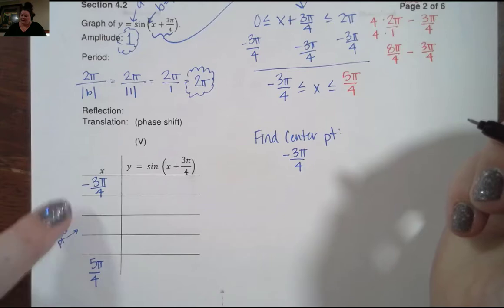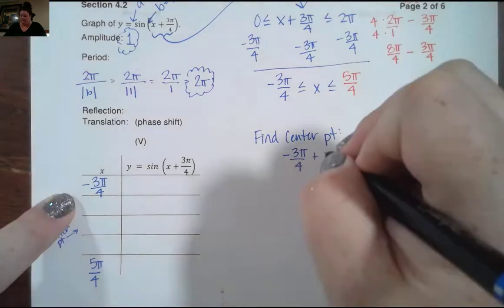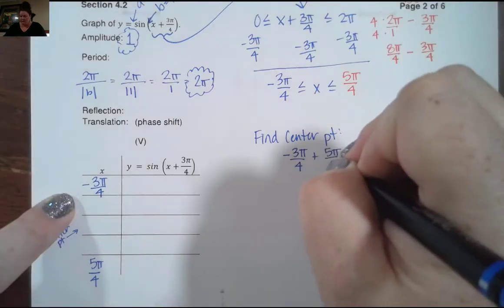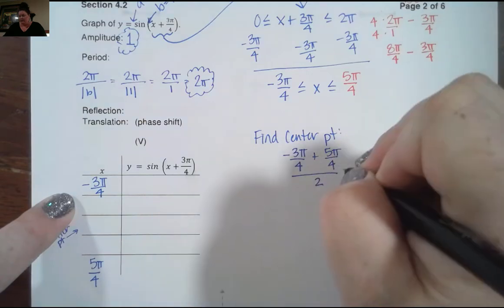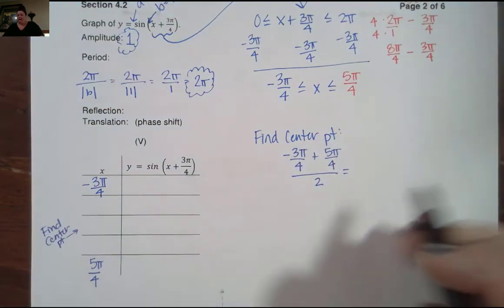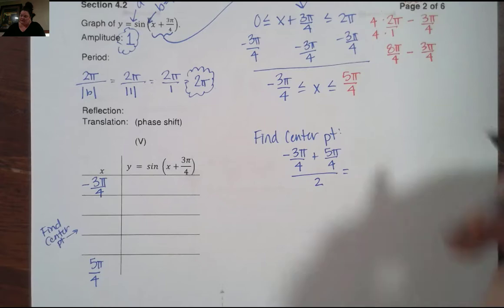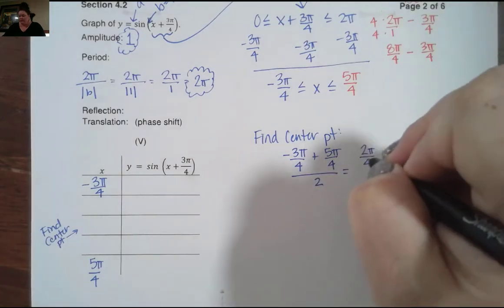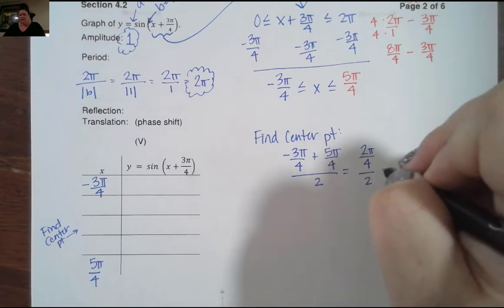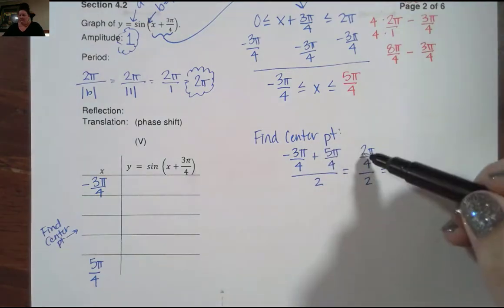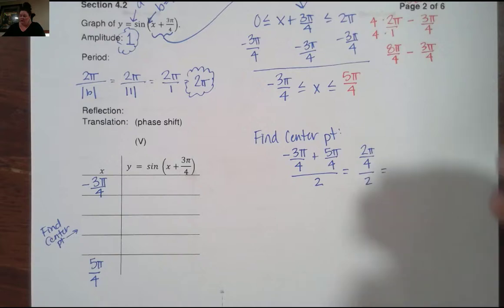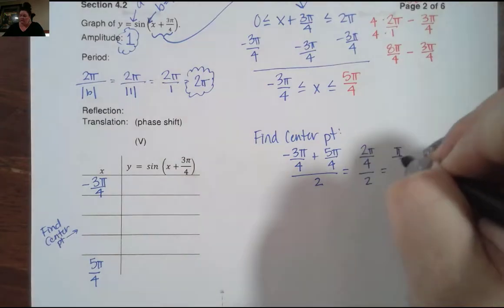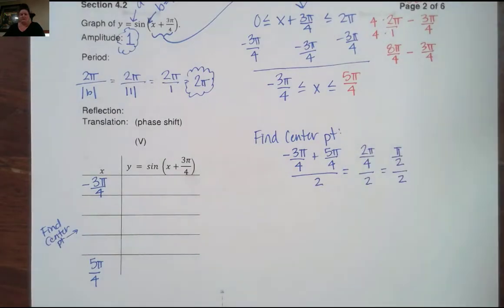So I'm going to add negative 3 pi over 4 to 5 pi over 4, and then I'm going to divide that by 2. Luckily they already have the same denominator, so when I do negative 3 pi plus 5 pi, I get 2 pi over 4 divided by 2. And then I'm going to reduce that, because 2 over 4 just reduces to pi over 2 divided by 2, right?